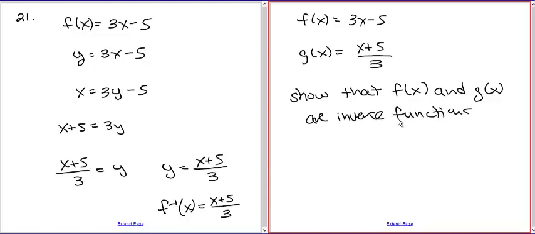So the way you do that is you do this composite function, f of g of x, and you do g of f of x. So let's do both of those, show you how you do that.